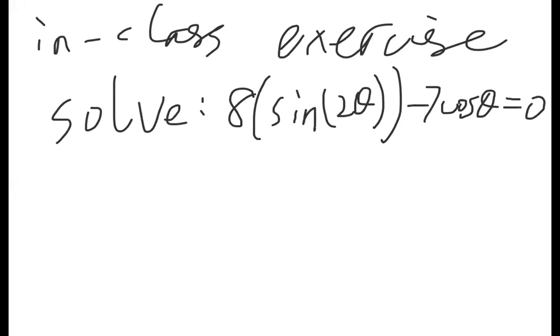Right. So the hints here would be using the double angle identities on sine, and then you will have a common factor. We'll go over it in 10 to 15 minutes.